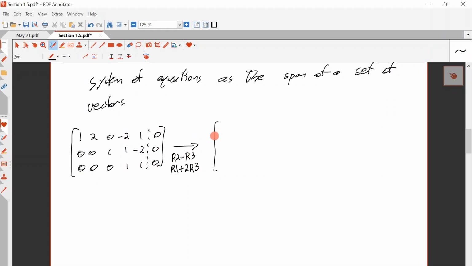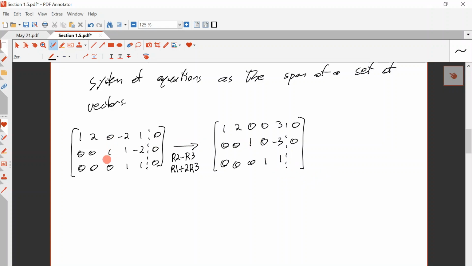So this is 1, 2, 0, and then add 2 to that, you get 0, add 2 to that, I get 3, 0. And then subtract it from here, 0, 0, 1, 1 minus 1 is 0, minus 2 minus 1 is minus 3, and then 0, 0, 0, 1, 1.